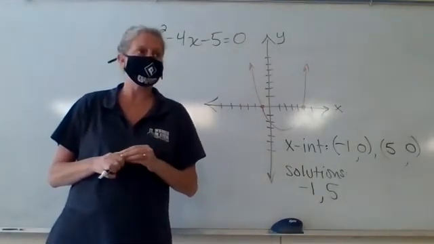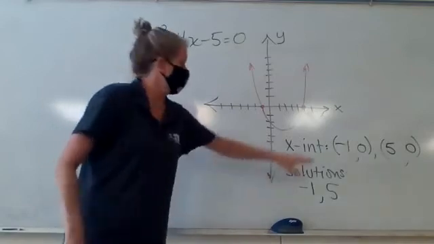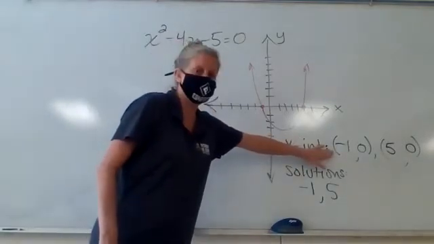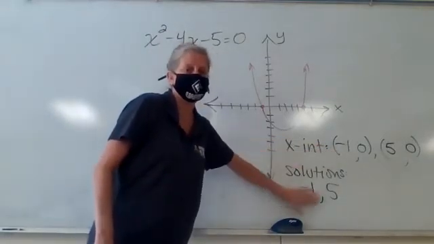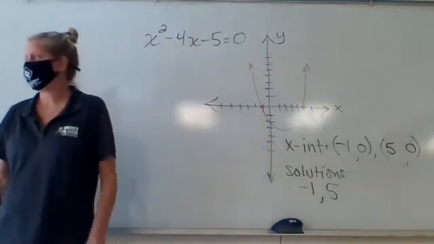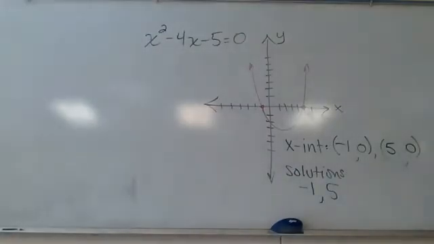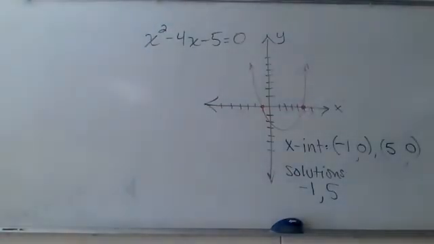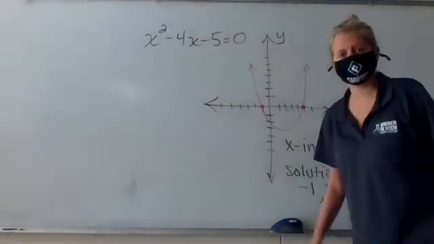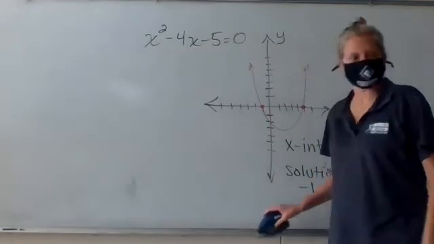That is not an ordered pair. So the ordered pair x-intercepts are in parentheses for the ordered pairs. The solutions are not. Okay?